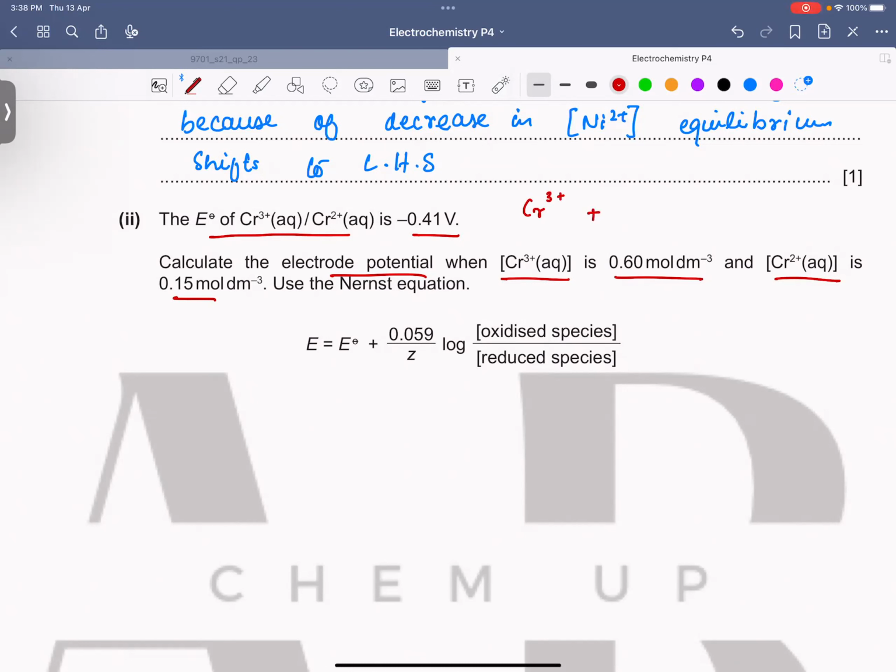So first we would look at the half equation. In this half equation, so this would be my equation. And this one is the oxidized species because its oxidation number is greater.